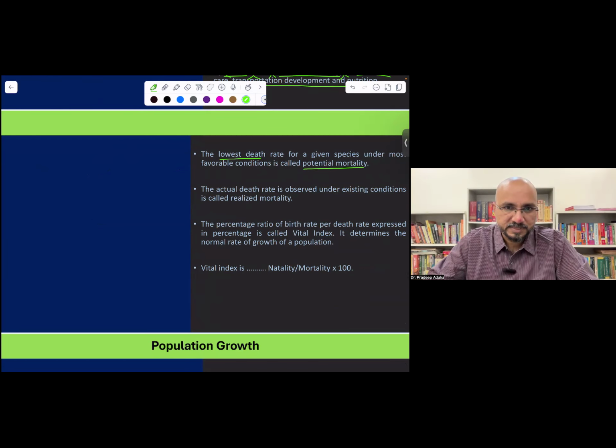Intraspecific competition is between individuals of the same species. For example, competition between gray wolves among themselves. If they are more in number and there is a limited amount of prey, they have to compete for food. They have to fight among each other.